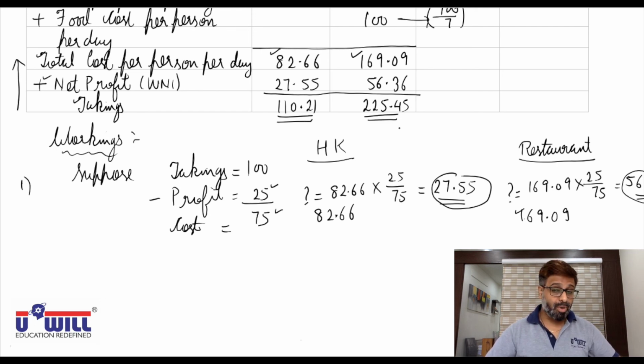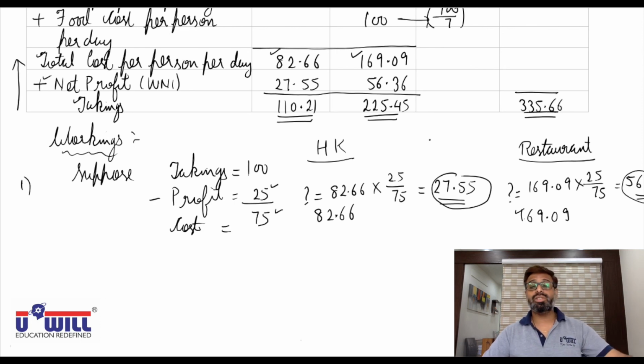Now 225.45 plus 110.21. We must charge a total of 335.66. So those people who come to stay in our hotel and take both lodging and boarding facilities, we will charge them rupees 335.66, which will include lodging, that is staying, and boarding as well as food.